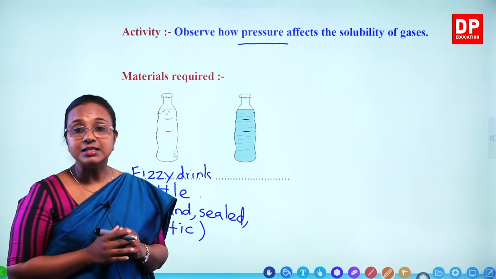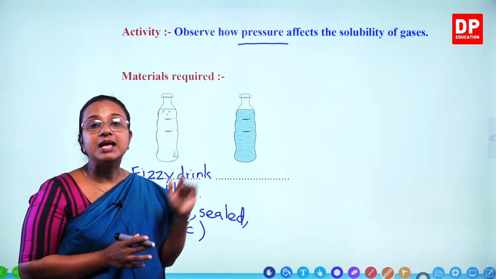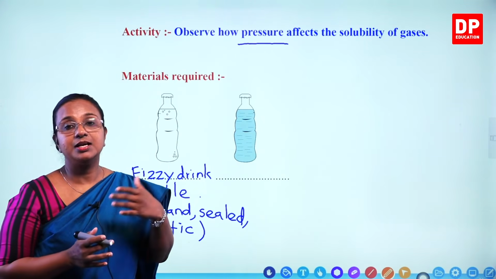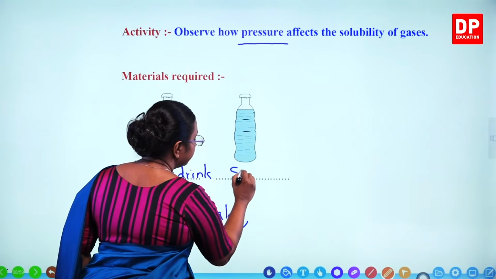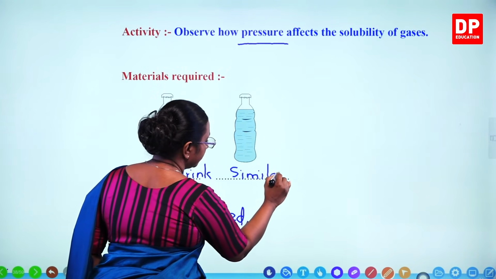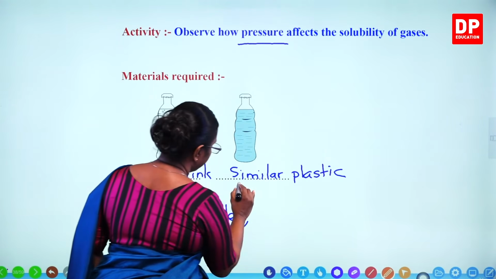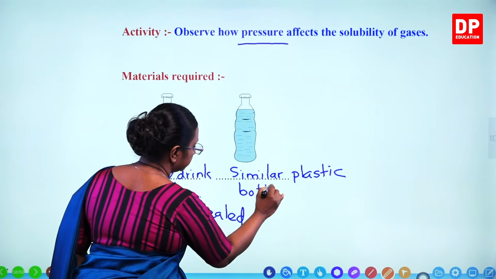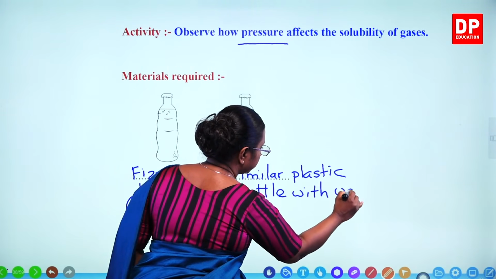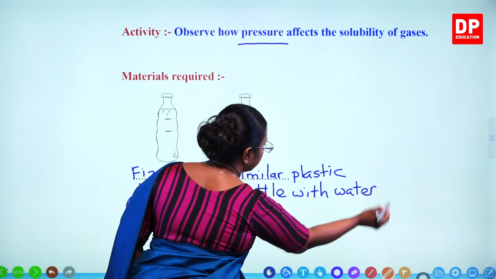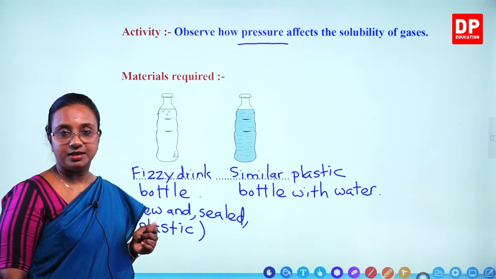Then we need another bottle, the same type, same size, but an empty plastic bottle containing water. Similar plastic bottle with water. So that is the other material that we need.